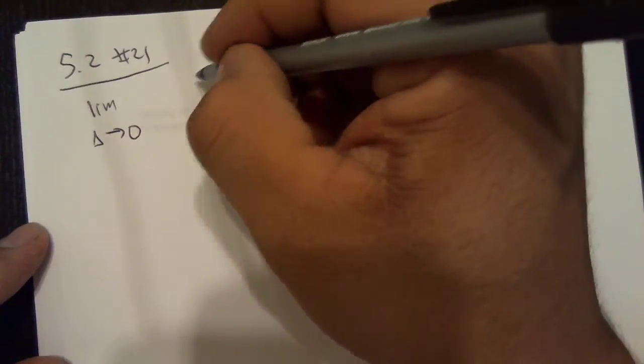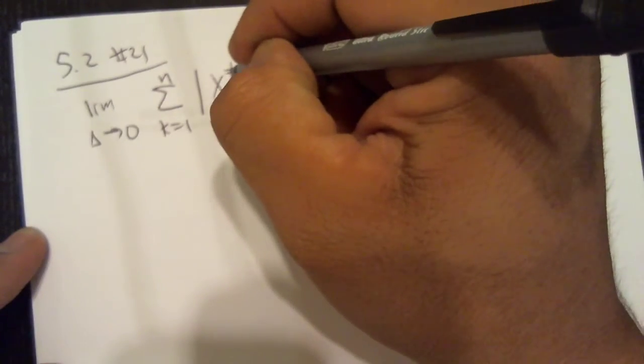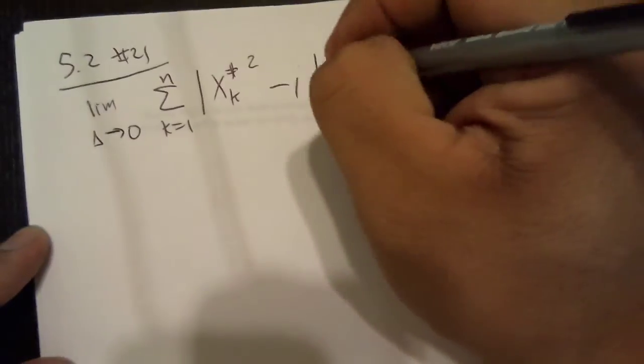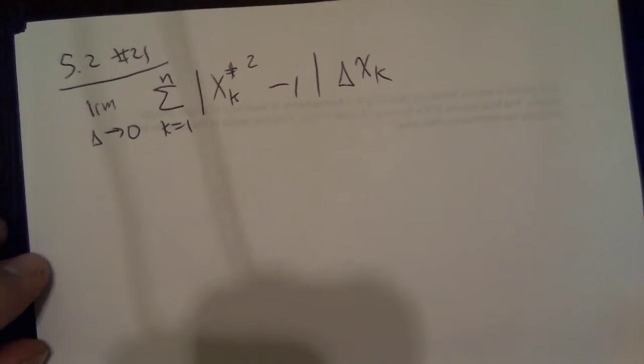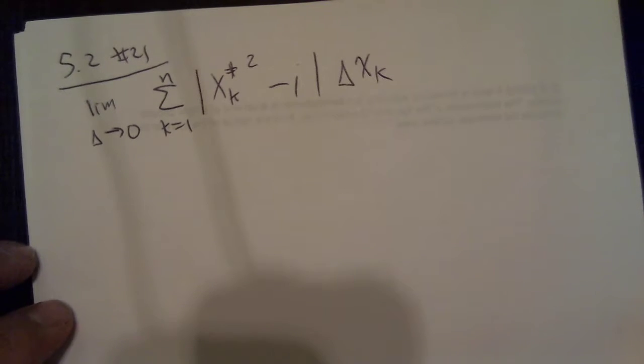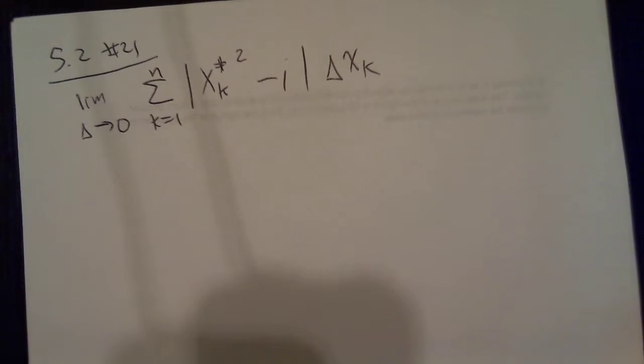So we have the limit as delta goes to 0 of the sum k equals 1 to n of the absolute value of x k star squared minus 1 delta x sub k. Okay, it says consider the following limits of Riemann sums of a function f on [a, b]. Identify f and express the limit as a definite integral.